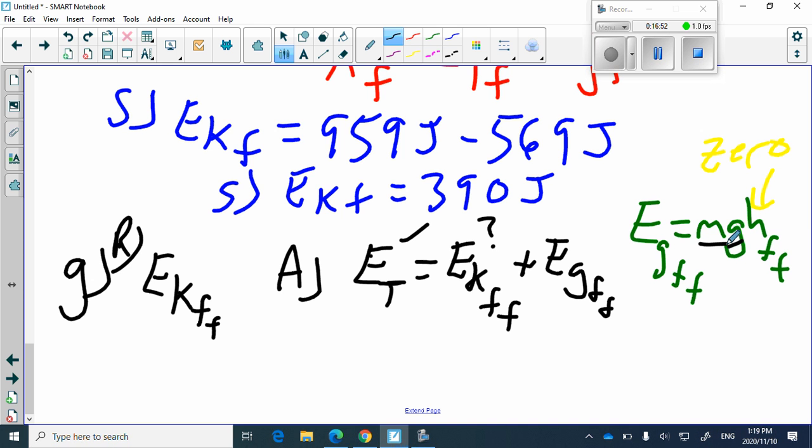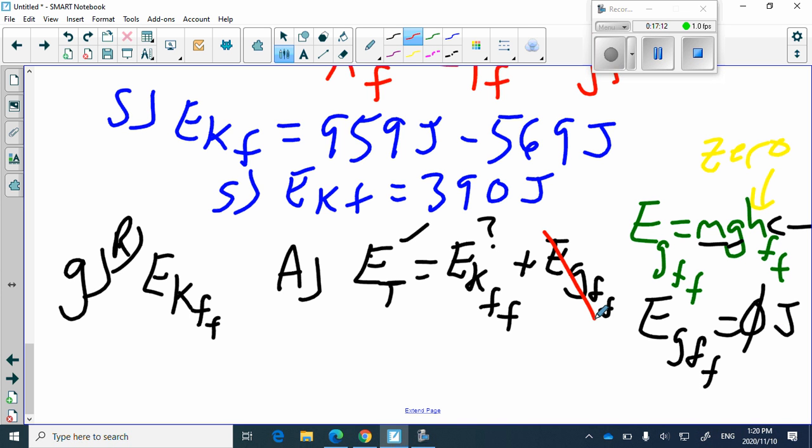I'm multiplying it by 0. So the gravitational potential energy final is 0 joules. It has no height, so it has no gravitational potential energy. That means this whole thing is gone.